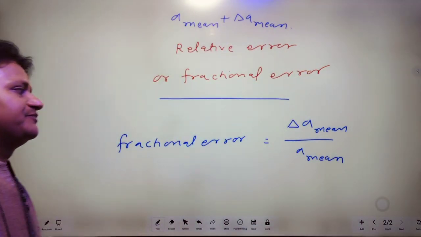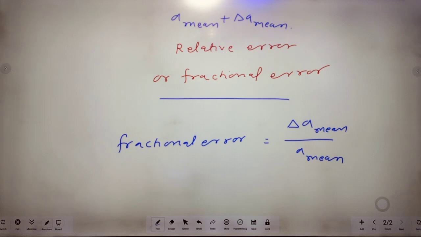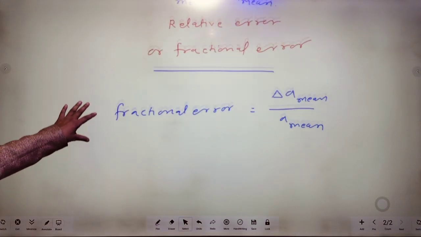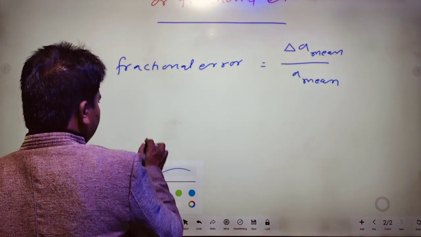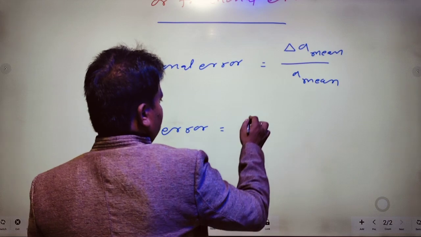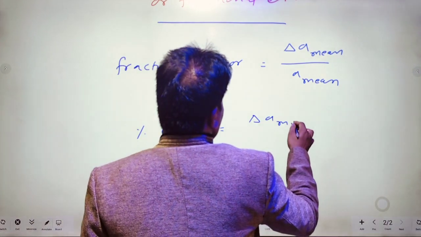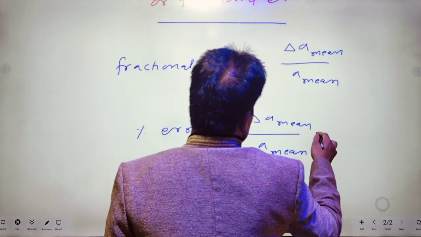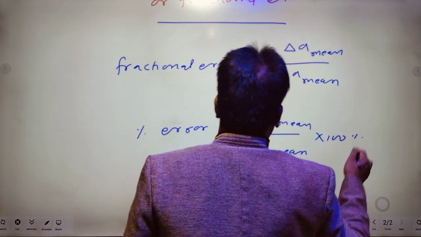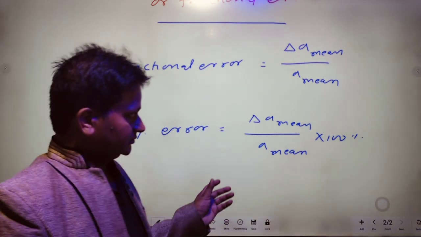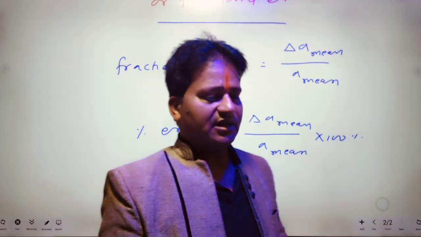Percentage error is delta A mean upon A mean into 100. This is percentage error.